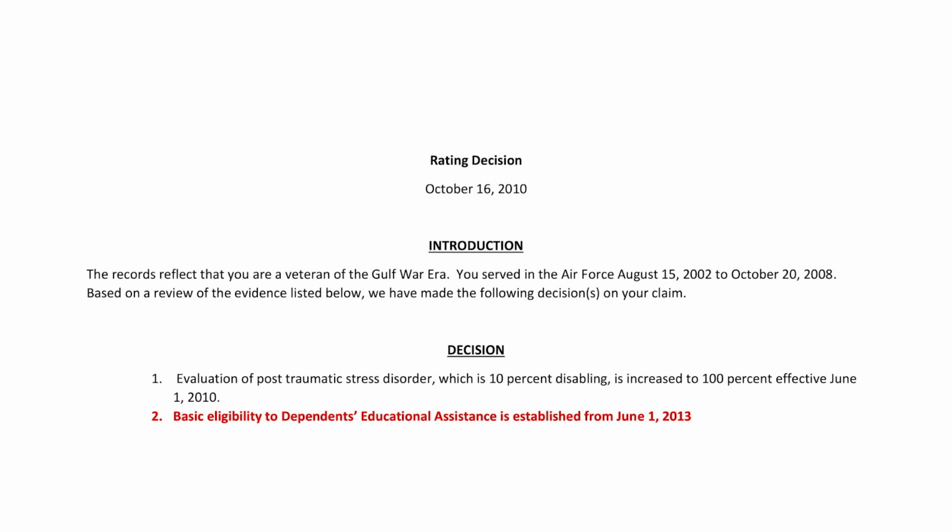Now, also, in the first slide where I talked about total, it mentioned individual unemployability. Now, when you're granted individual unemployability, there's certain criteria that you have to meet. So what that means is your overall evaluation or percentage is not 100.